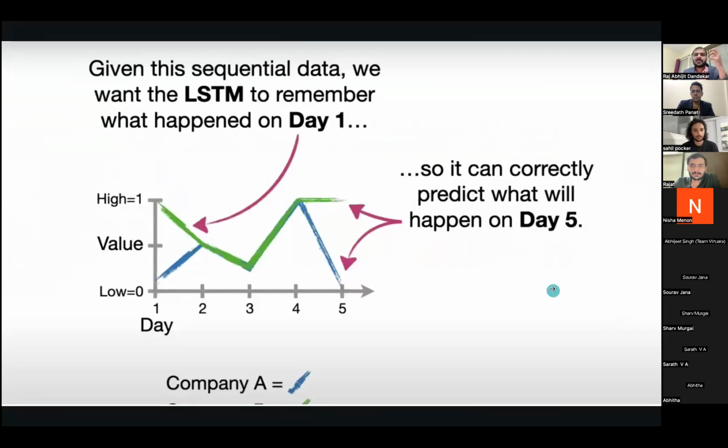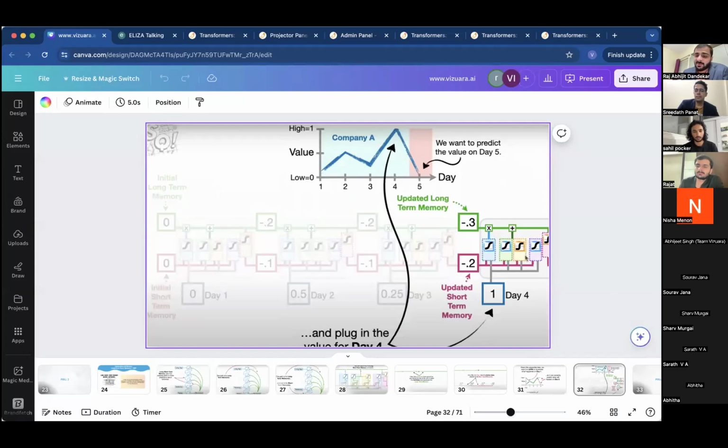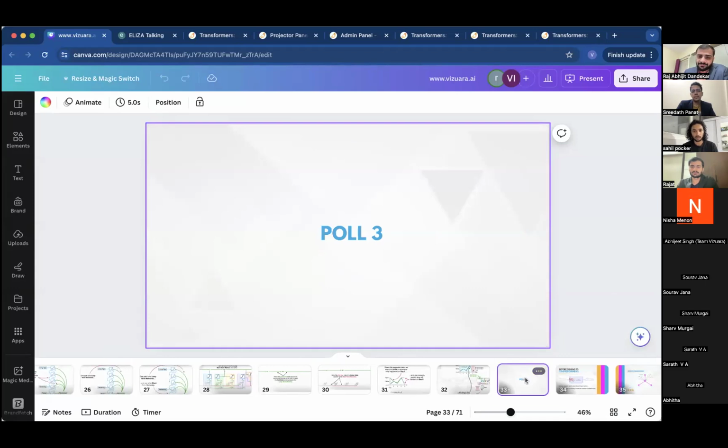And basically, these long-term memories and short-term memories work together to make the predictions of the future state. So this is better than RNN, and it does a better job of incorporating memory, but still it is nowhere compared to where transformers are today and what ChatGPT does. So the real innovation came in the 2017 paper on transformers, which we are going to look at henceforth.